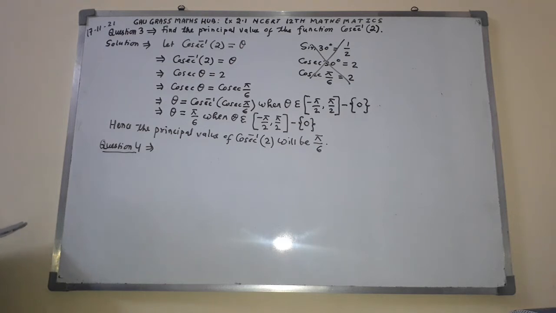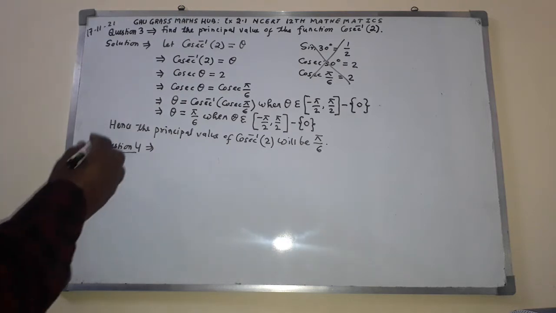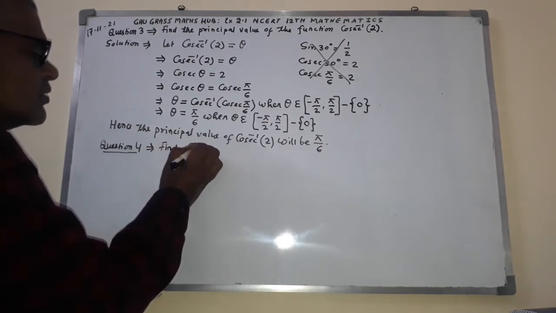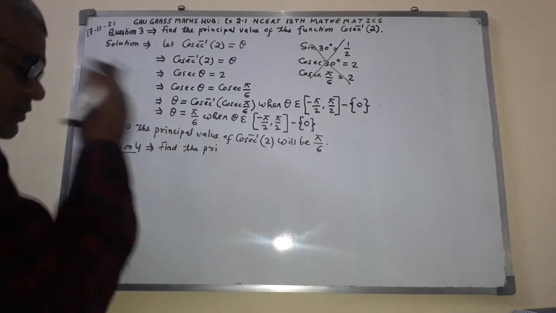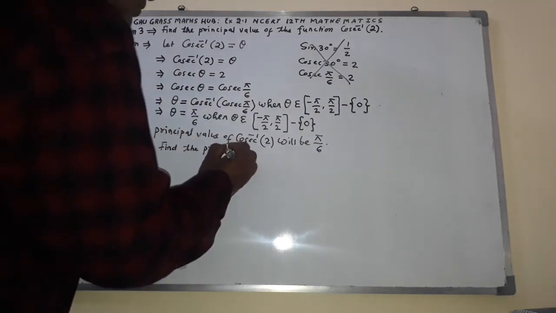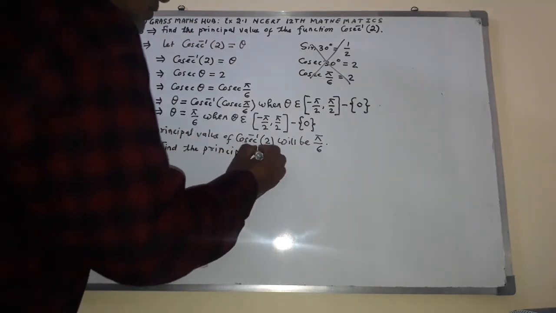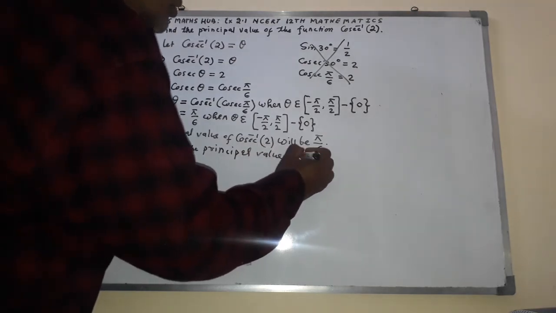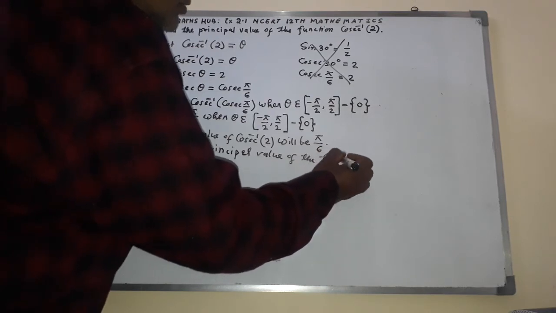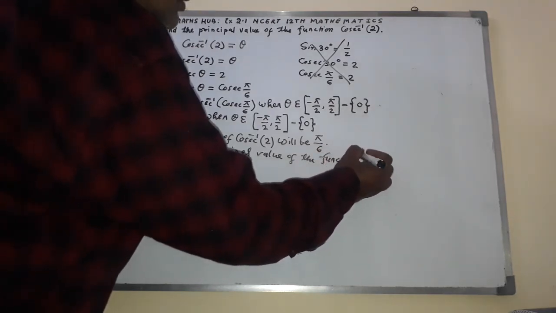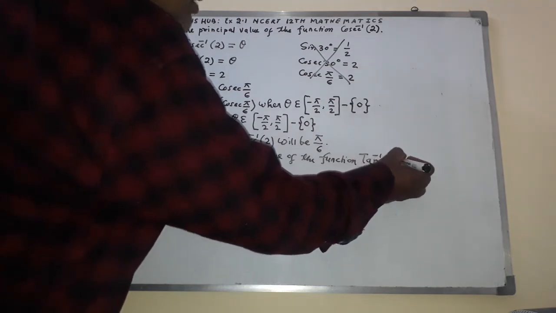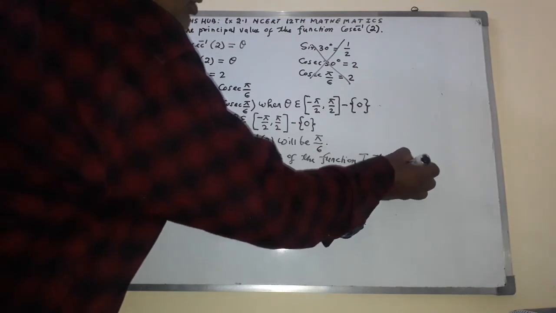Find the principal value of the function tan inverse in bracket minus under root 3.